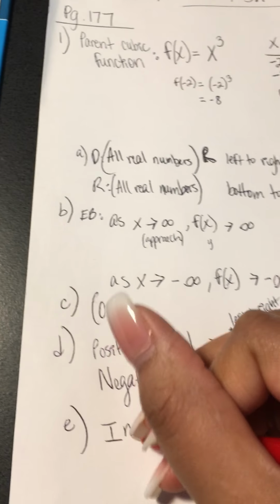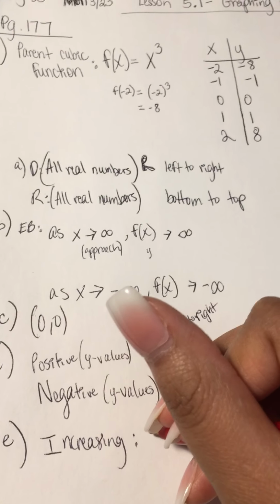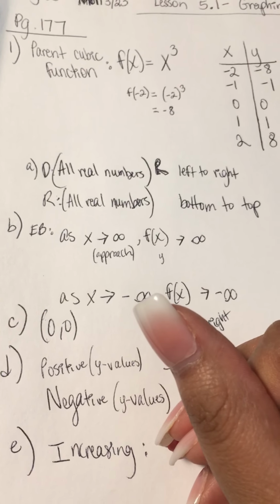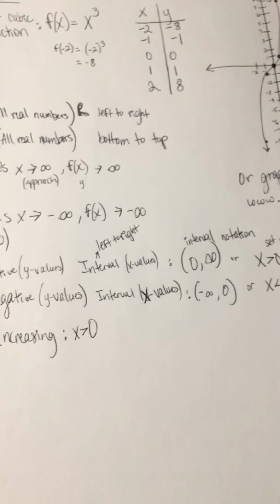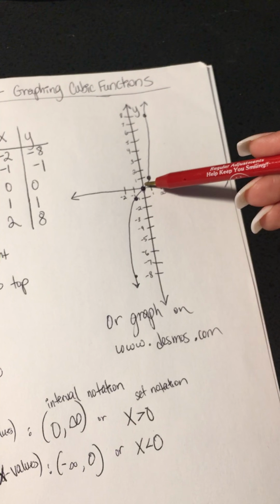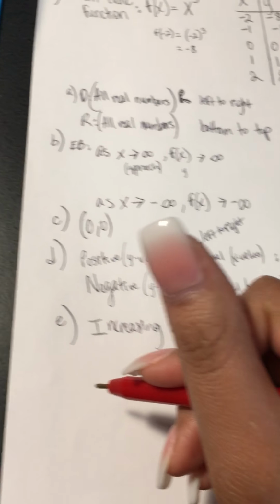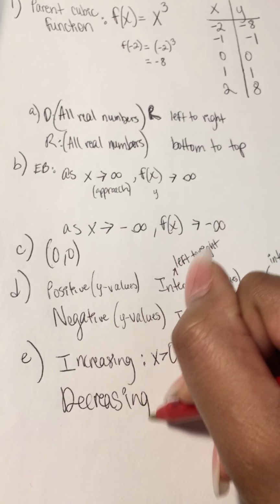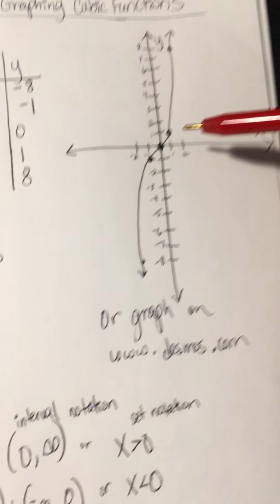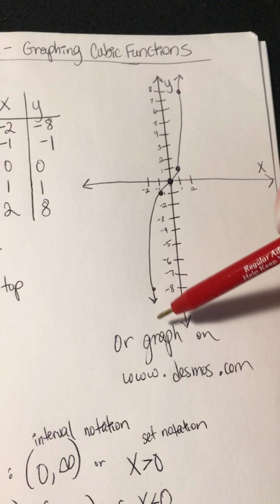So my y values are increasing for when x is greater than 0, just like my interval of positive. Because at 0 and beyond, the y values are increasing. For decreasing, my y values begin decreasing before the 0.